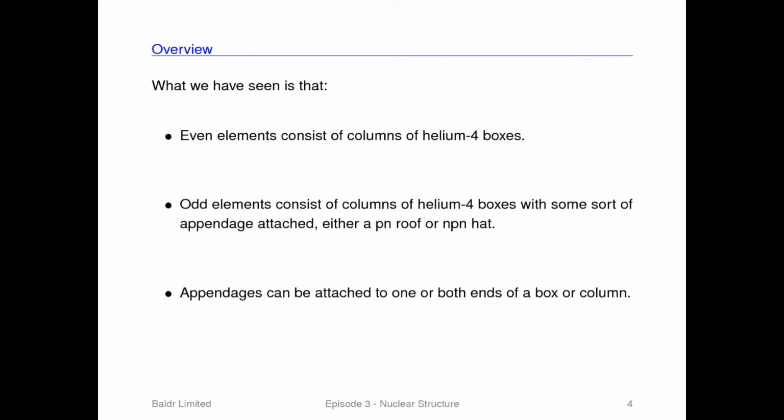Lastly, we mentioned that because the PM roof is only stable on columns up to 3 boxes high, and no other appendage contains an odd number of protons and neutrons, this explains why hydrogen 2, lithium 6, boron 10 and nitrogen 14 are the only stable isotopes containing an odd number of protons and neutrons.